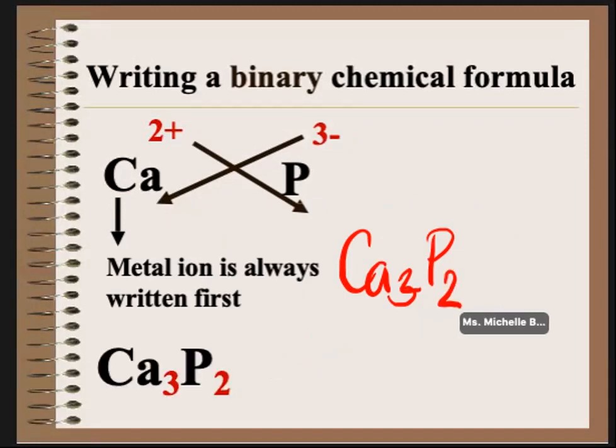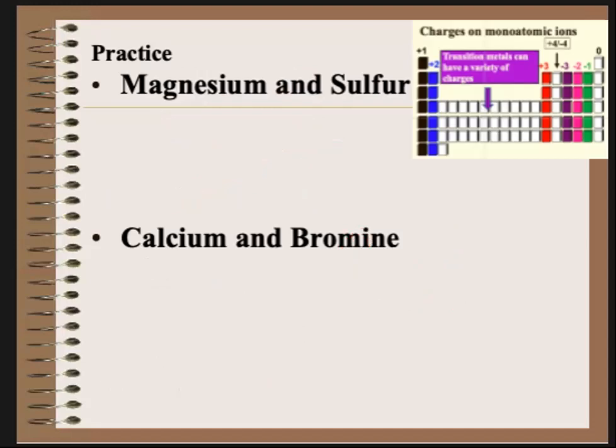Okay, so that's writing chemical formula using the crisscross method. So it's very essential that you know the ionic charge. This is also to inspect if the formula written in a chemical equation is correct. Next, moving on, let's have some practice here.